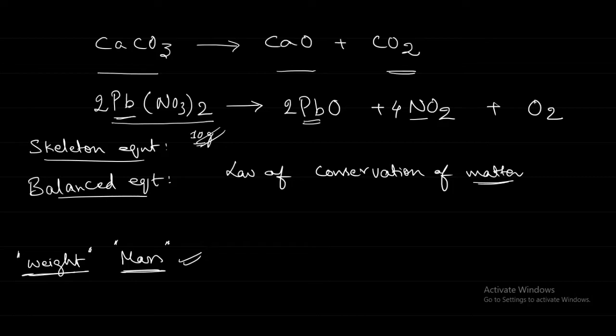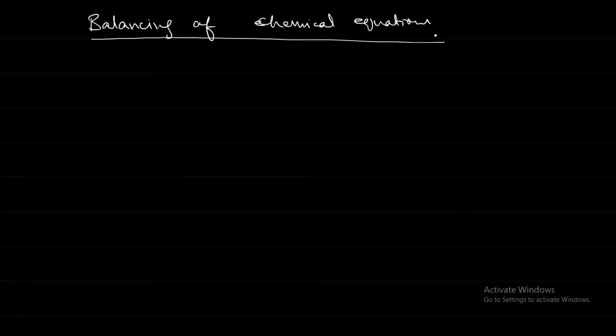So the question is how we can balance the equation. Balancing of chemical equation. There are different methods. One is the hit and trial method. The other one is the partial equation method.